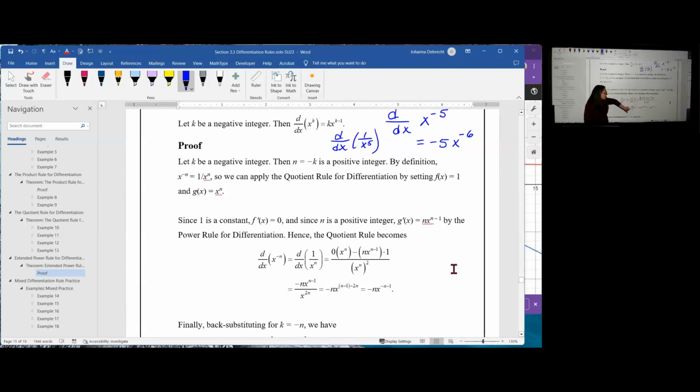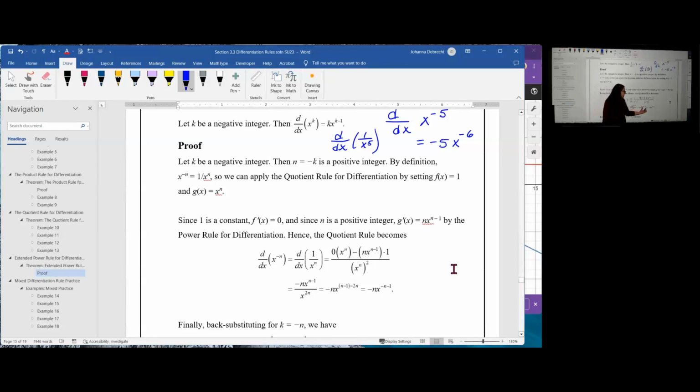Rewriting and simplifying tells me that I have negative n x to the n minus 1 over x to the 2n. Since I have two terms with a base of x and they're being divided, I subtract the powers: n minus 1 minus 2n, all multiplied by negative n.